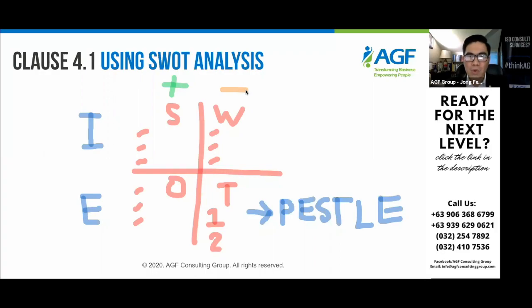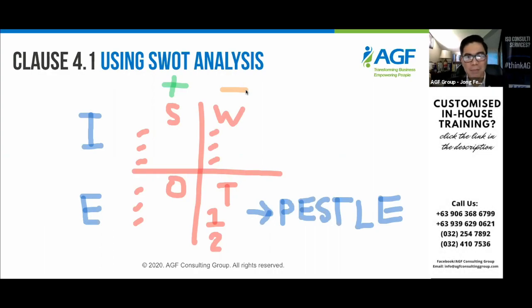Moving forward, what you can possibly do as a best practice is ensure participation and consultation with all process owners if practicable. Let me repeat that. In doing your SWOT analysis, you need to elicit participation from all process owners if practicable. Representation may be okay for as long as it still captures all the elements here.